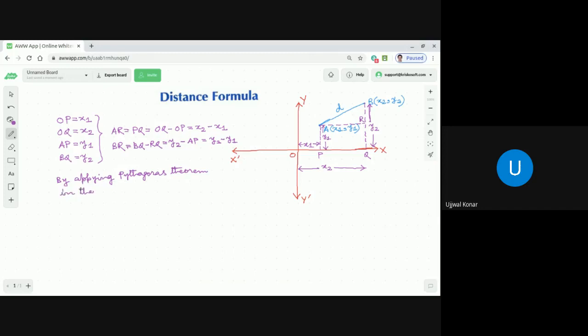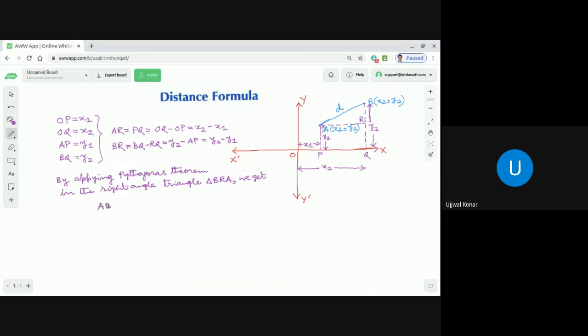in the right angle triangle BRA, what are we going to get? AB square.